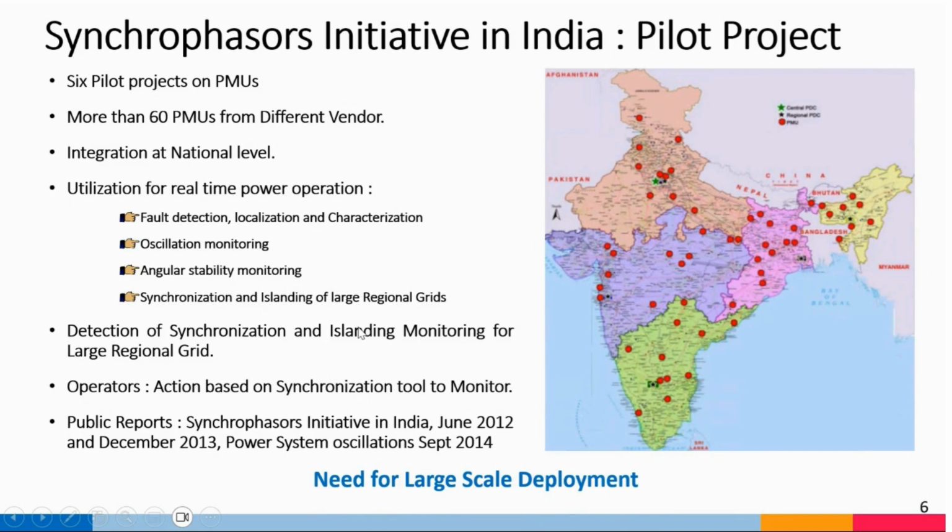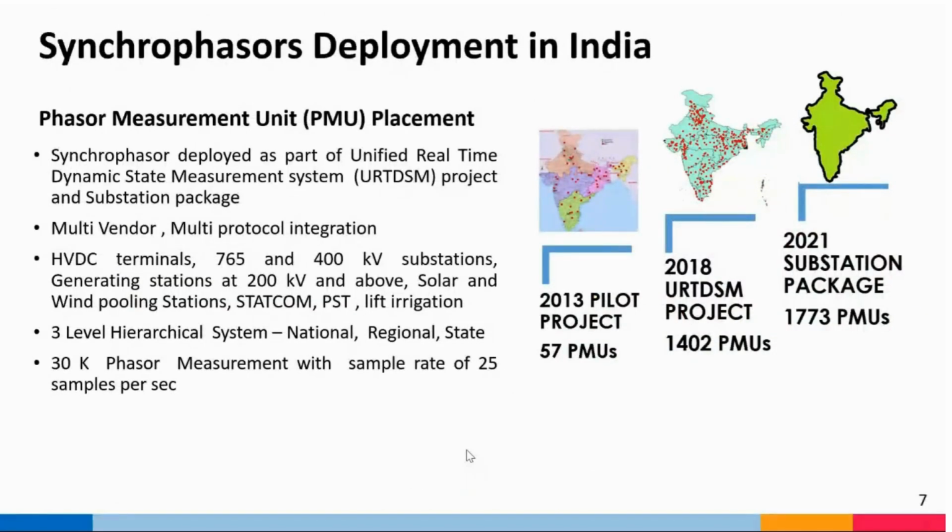Various reports have been published by the operators, which are mentioned here, and based on that there was a view that we need to go for a larger scale deployment. Based on this, the Unified Real Time Dynamic State Measurement (URTDSM) project came into the Indian power system. Earlier we had the 2010 pilot project with around 60 PMUs.